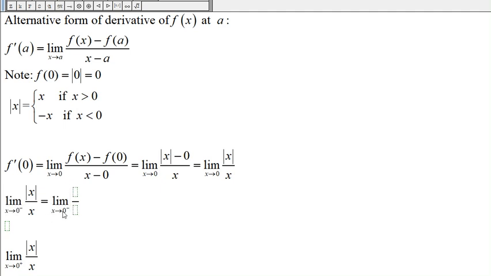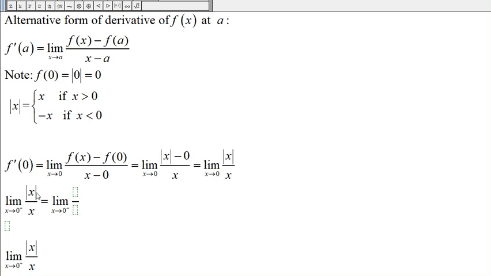If we approach 0 from the left, then we are to the left of 0. If we're to the left of 0, that means x is negative, x is less than 0. So one more time, we're letting x approach 0 from the left side, and so x is negative.